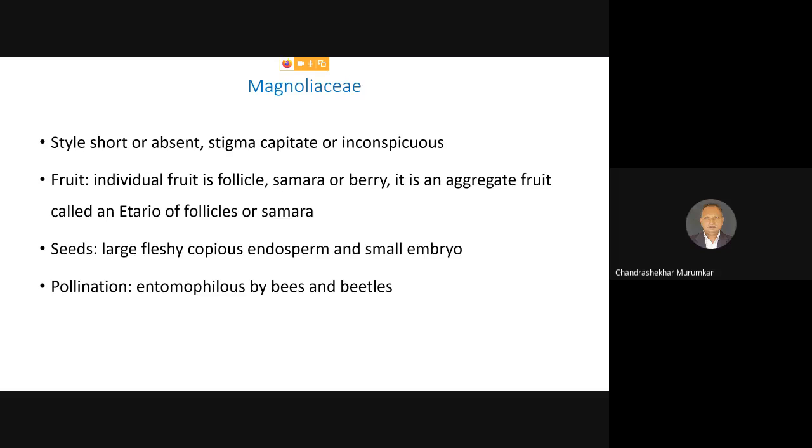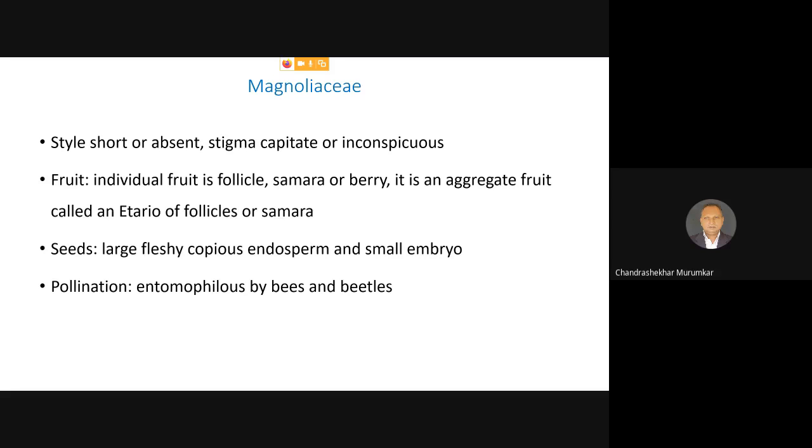There is another character which is very important from a phylogenetic point of view. What is the character? In Magnoliaceae, the seeds contain a very large, fleshy, oily endosperm. The endosperm is much larger in size, and it remains in the seed.